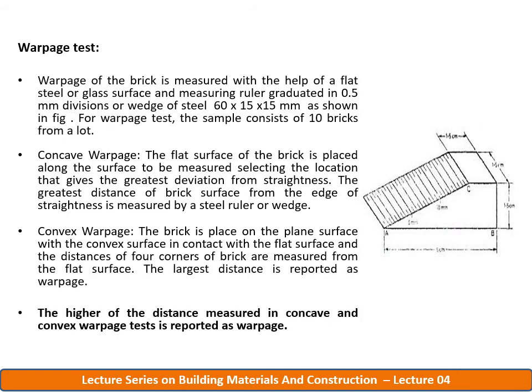Next is the warpage test. In case of warpage test, warpage means checking or observing the surface of the specimen on the basis of twist or defect on the surface of the specimen.